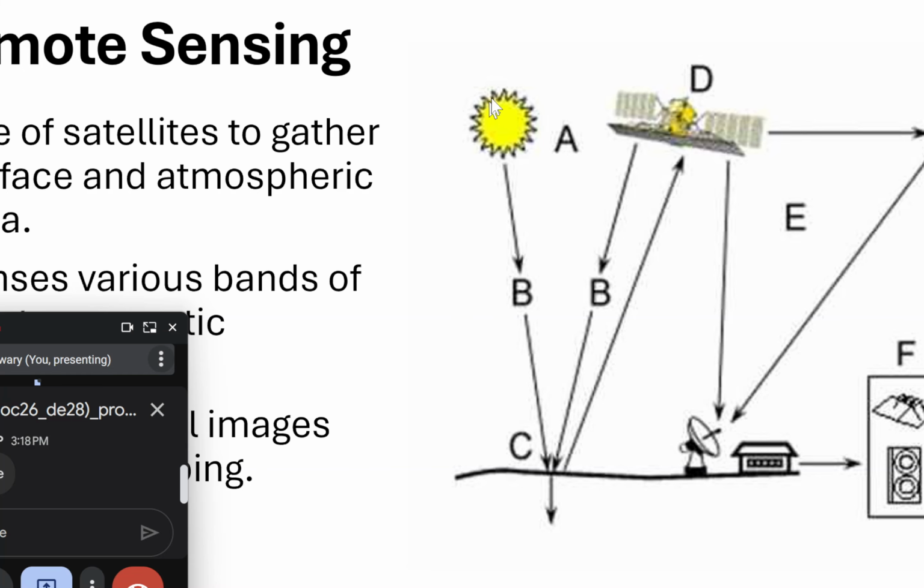This energy travels through the atmosphere and interacts with the target, and then again travels through the atmosphere, and there are detectors on the satellites which measure the properties that we are interested in. Then this information is given to ground receiving stations.